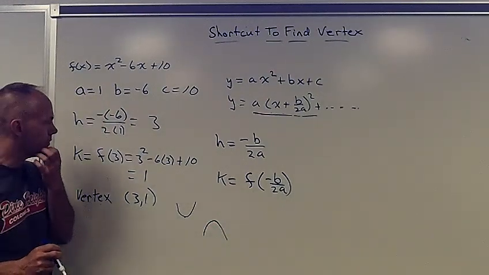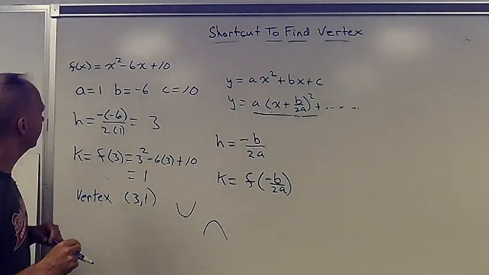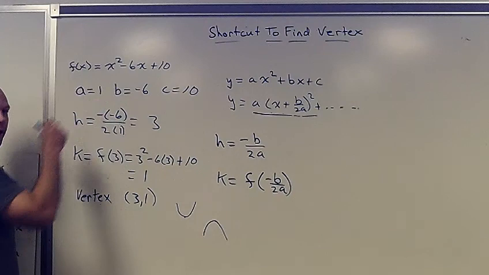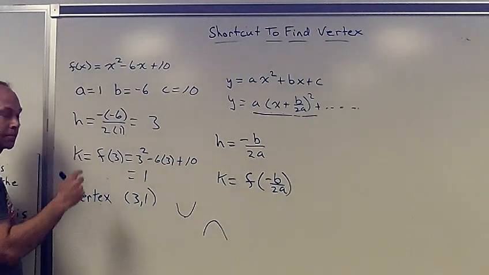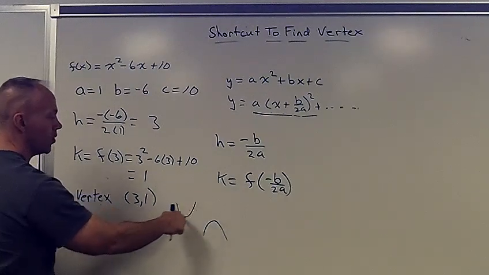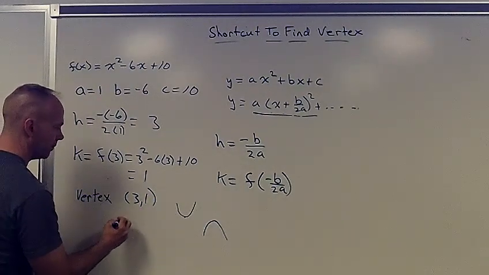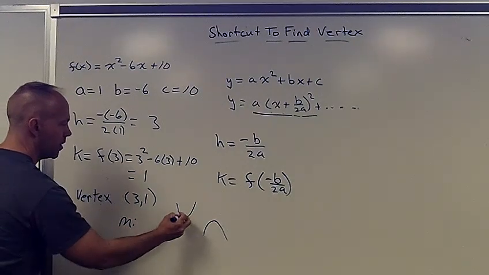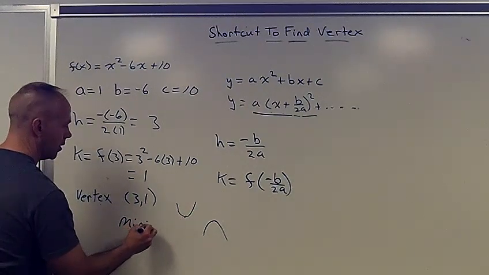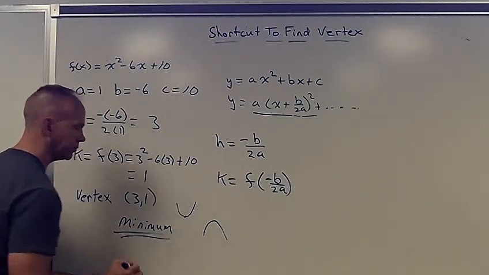So how do we do that? That's right, Zach. We look at a. a is positive. And remember we said if a is positive, you're smiling, it opens up. You get a smile. So what we have here reaches a minimum. Cool?